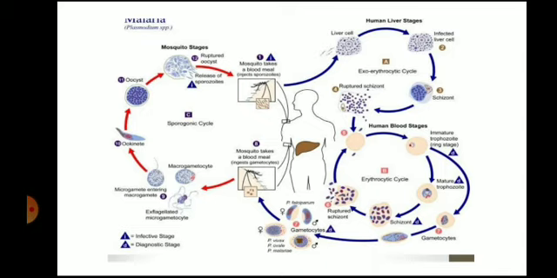First, stage 1, the mosquito takes a blood meal, then the sporozoites are transferred to the liver cell. In the human liver stage, the infected liver cell produces more schizonts. Then these schizonts rupture and come into the human blood stage. Later, these form immature trophozoites or ring stage.